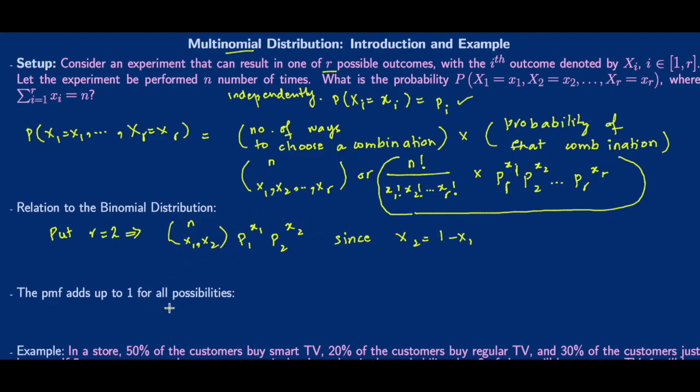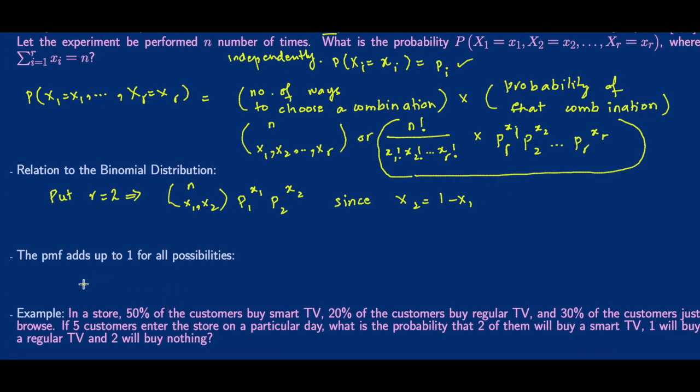And the PMF adds to 1 over all possibilities. So note this. If we have (p1 plus p2 plus up to pr) to the power of n, what is this?